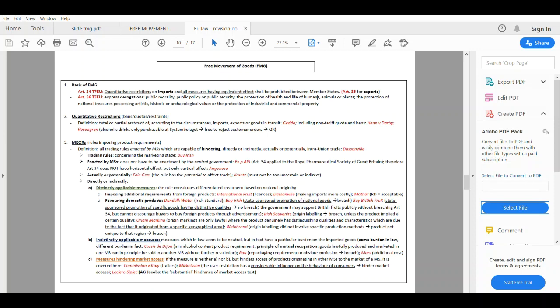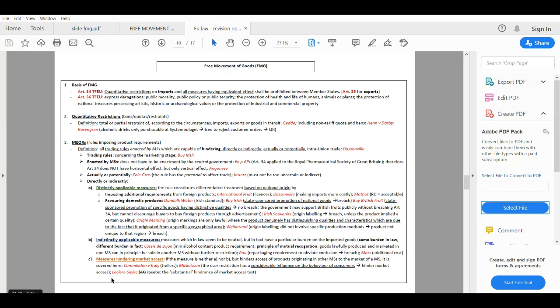Another type of indistinctly applicable MEQR can be found under the heading of name restrictions, which are seen in the case of Clinique Laboratories. In that case, there was a name restriction imposed by the German authorities, and the Court of Justice said that it clearly falls within the Dassonville formula and is termed a MEQR.